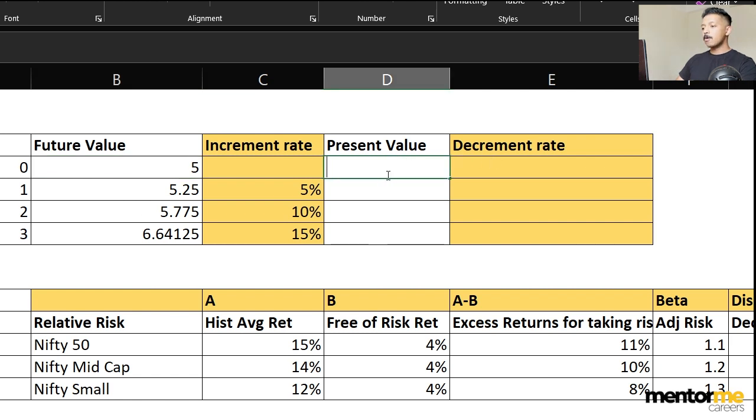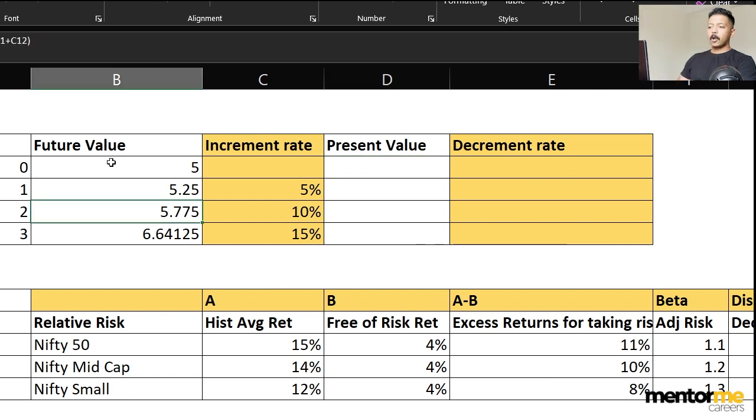Now let's try to do the reverse calculation. If we know that in year 3 the value is going to be 6.64125, then what is the value at 0? We need to go back. When we were trying to increase the value, we were doing a multiplication, compounding the value by the increment rate. In very simple terms, what we're doing is value into 1 plus the rate.